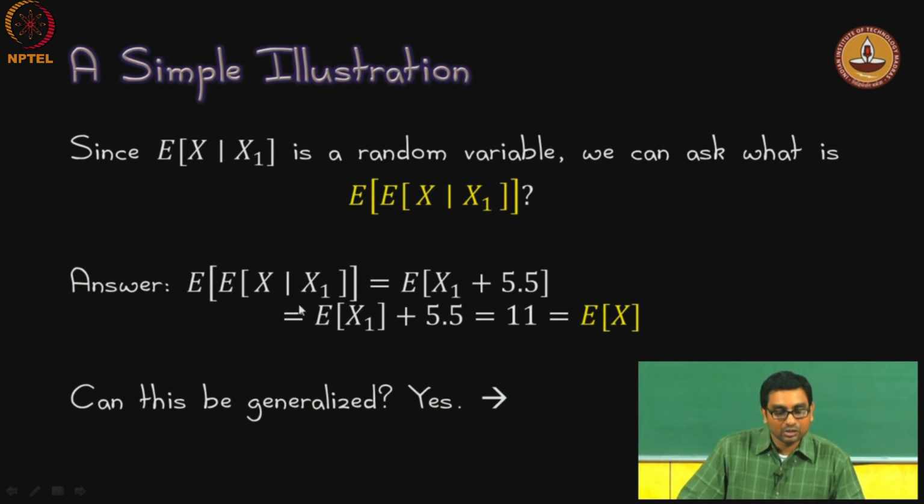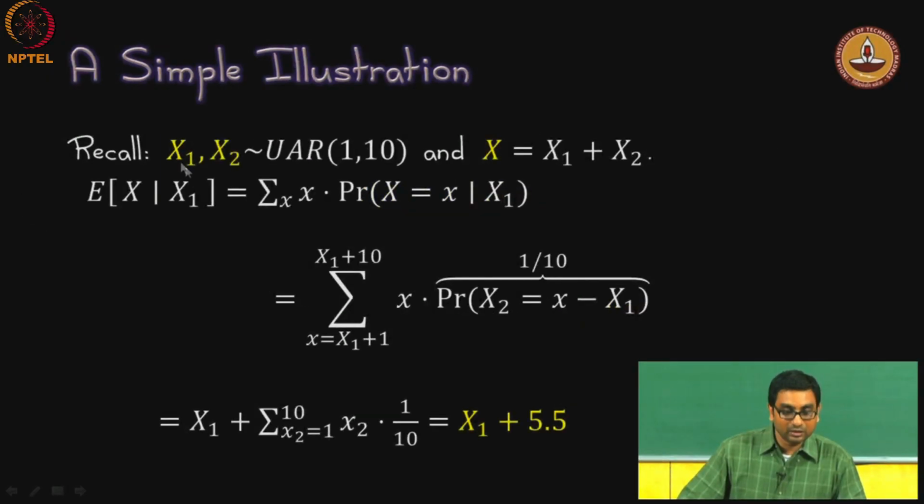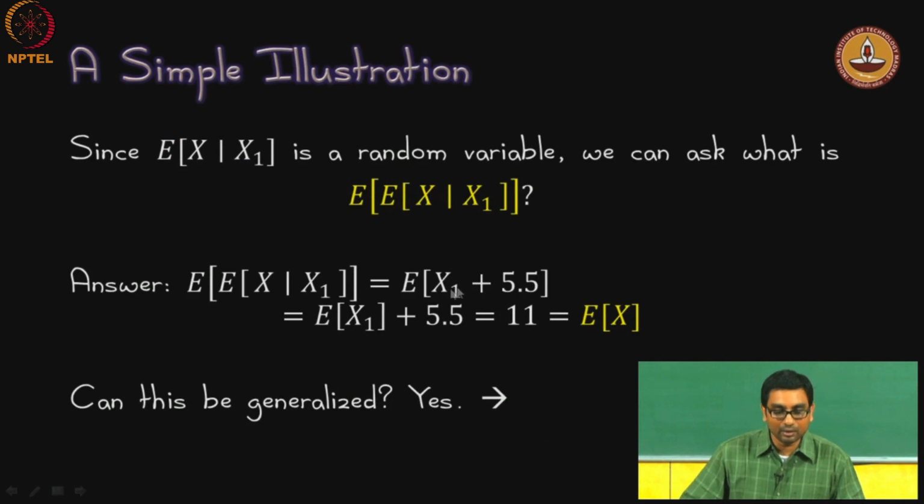We already worked out that the expectation of x given x1 is x1 plus 5.5. So, we can plug that into the interior of this expectation, and now we get two terms. We can apply linearity of expectation. It is going to be the expectation of x1 plus the expectation of 5.5, which is just 5.5. What is the expectation of x1?